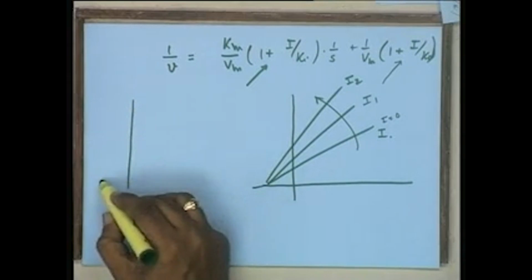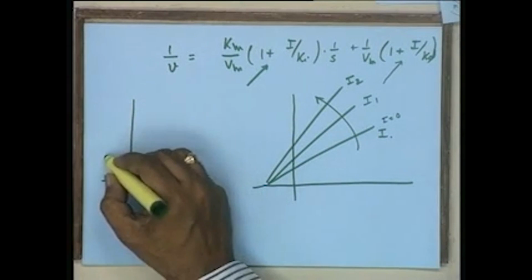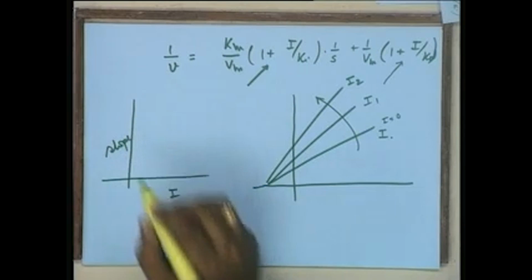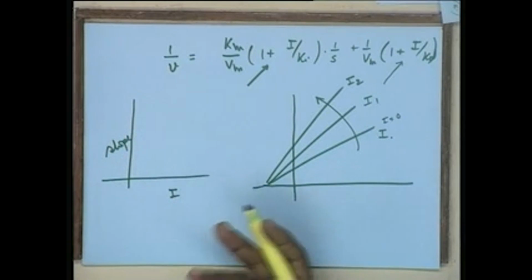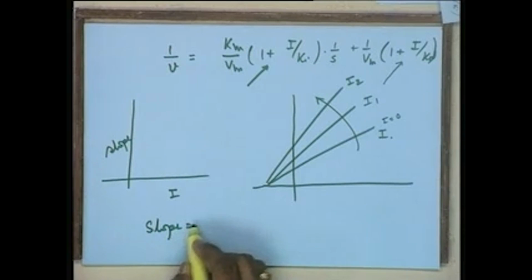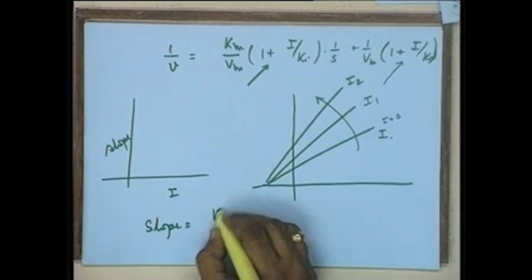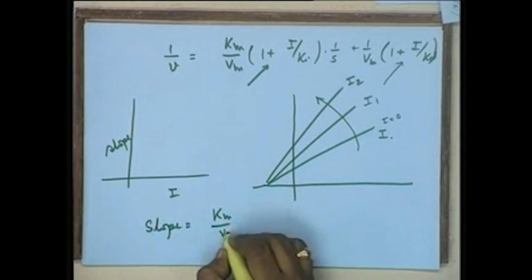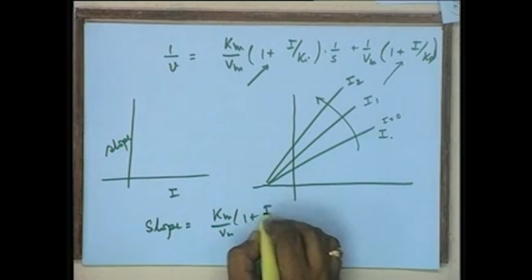That means, either you determine slope or intercept at different inhibitor concentrations and make a plot between I and slope or intercept, you can get a straight line, because slope will be equal to Km over Vm, 1 plus I over Ki.